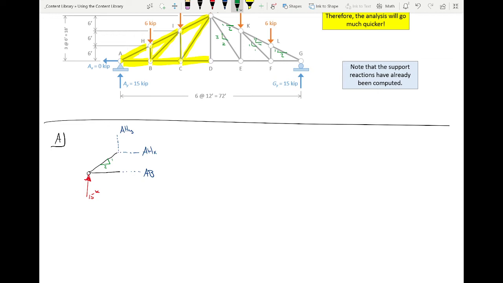Now I'll tell you this, and personally, I don't see there's a problem with this, but let's just look at it like this. This is 15 going up. What is that? Okay, just write it. I personally do not think it is absolutely necessary to go sum of forces in the y direction equals 0. That means that AHY is 15 kips going down. Just put it there.